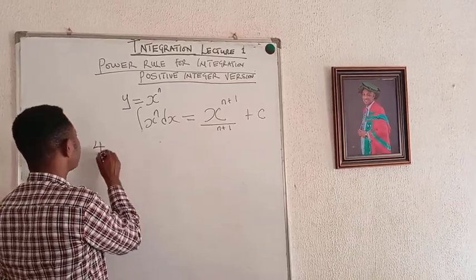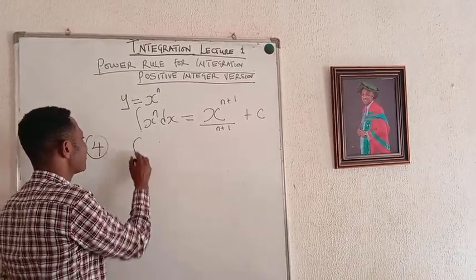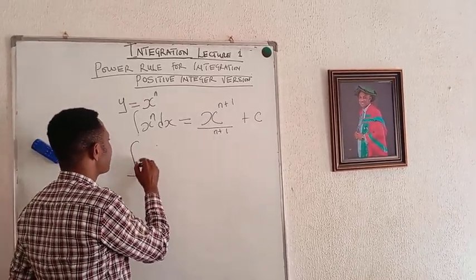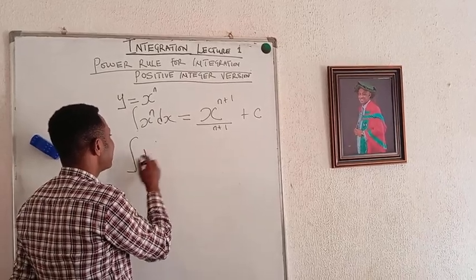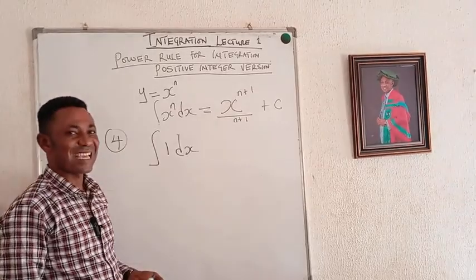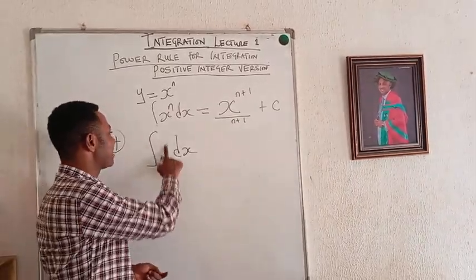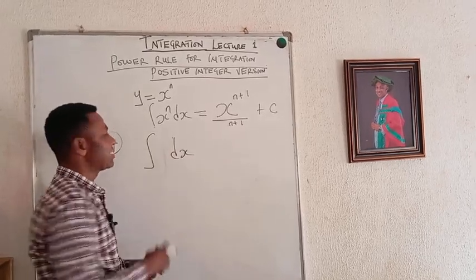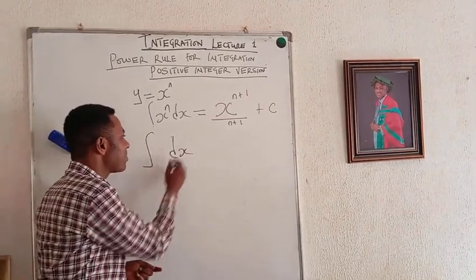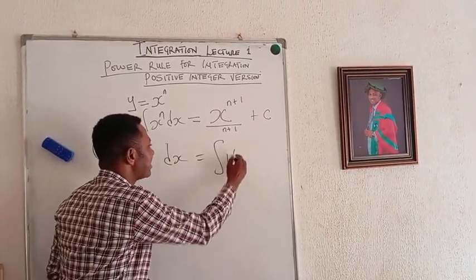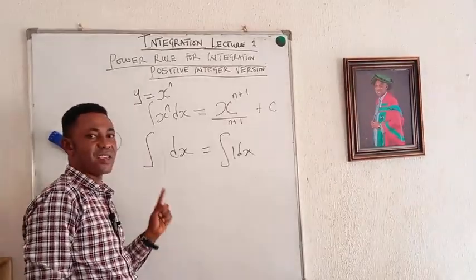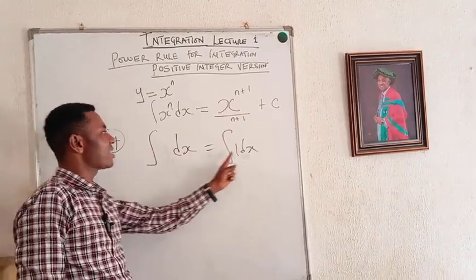When we have the integral of, let me just say, integrate ds. Mind you, this is the same as the integral of 1 ds. It means ds has 1 as its coefficient, so it's the same as writing 1 ds.